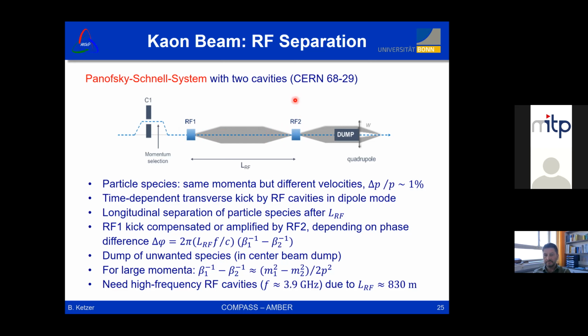And this way you can dump most of the unwanted particles and put the kaons, for example, around here.